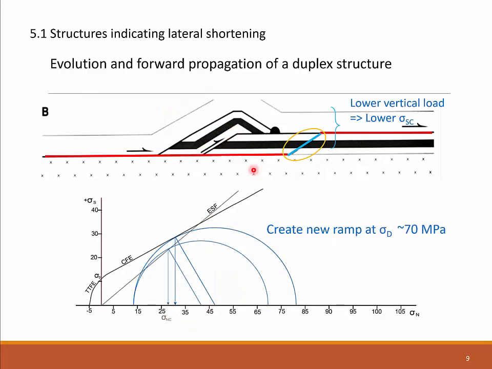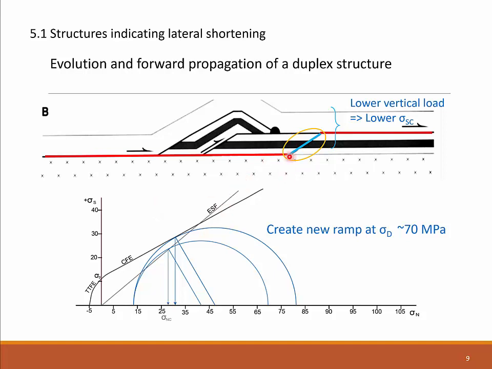Duplex structures require that there are more and more horses formed by propagation of new ramp structures further down along the lower brittle layer. And here we see how that might play out in the Mohr stress diagram.